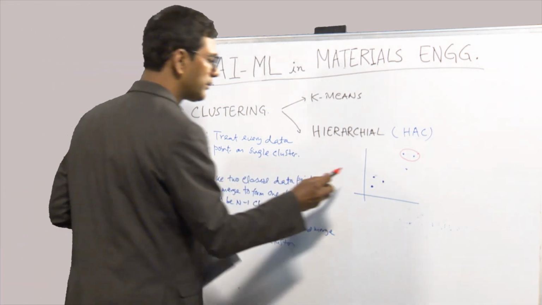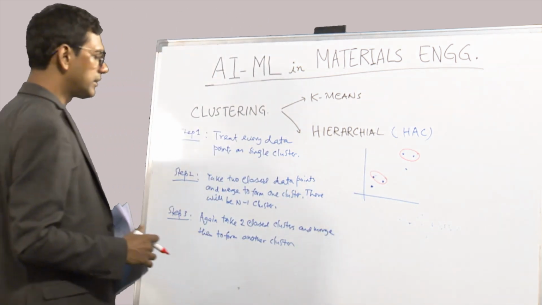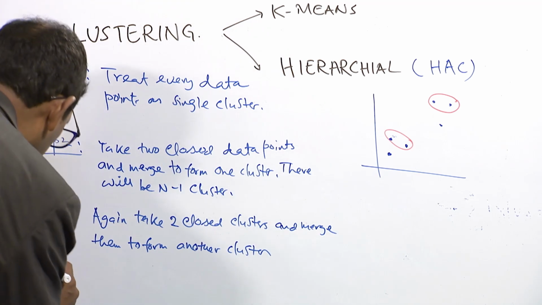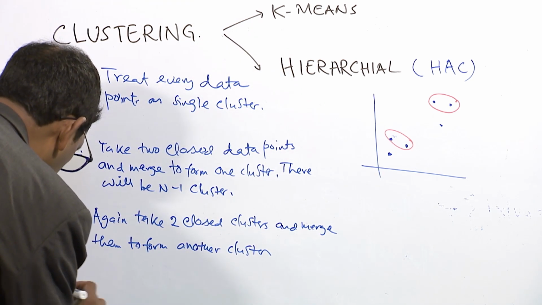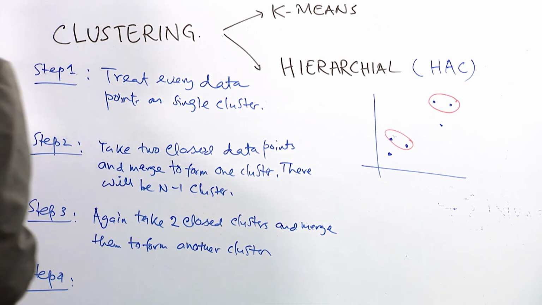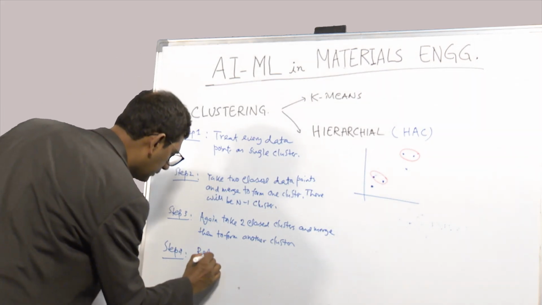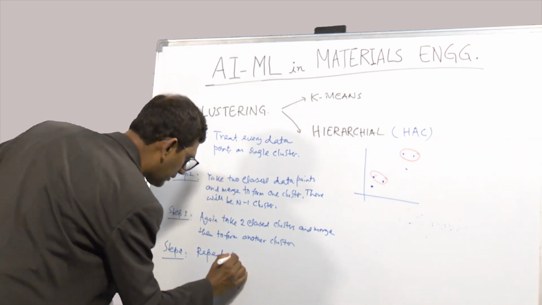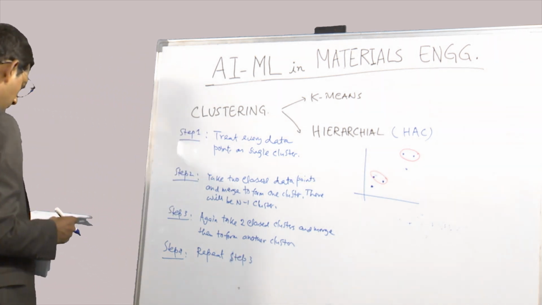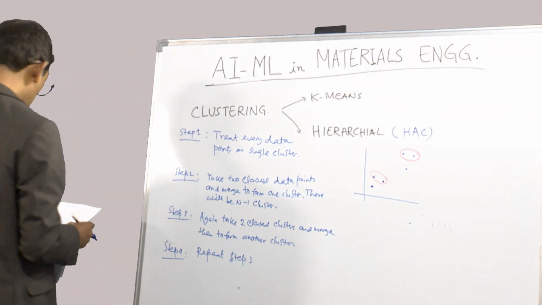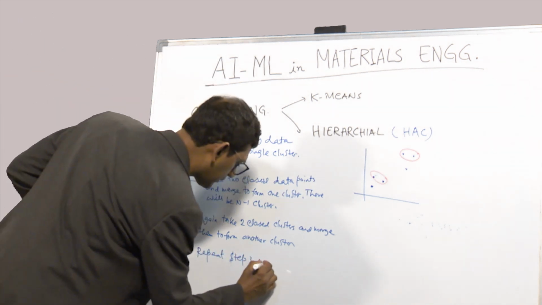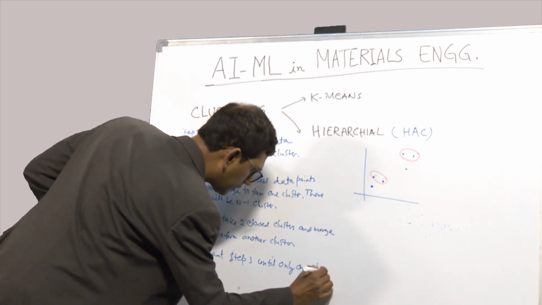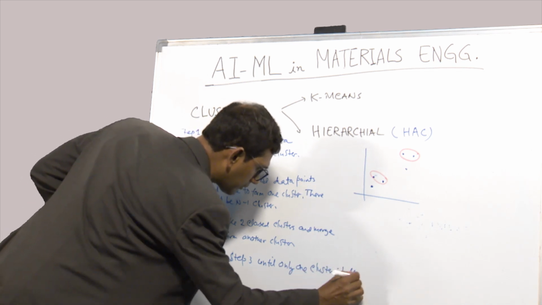Let us take these 2. That is step 3, correct. So, very easy to understand, not very difficult. Step 4 is what? Repeat step 3. Basically, what you are doing is repeating step 2 again and again. Repeat step 3 until only one cluster is left. Right, that is what you do.